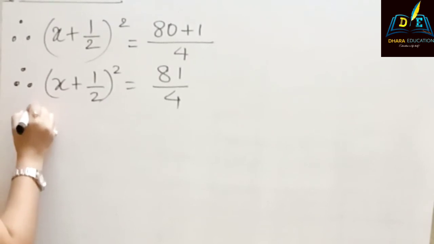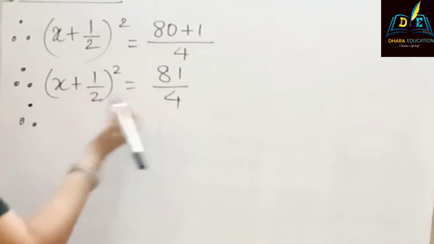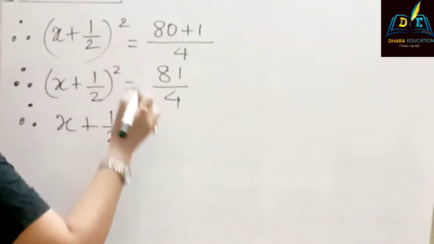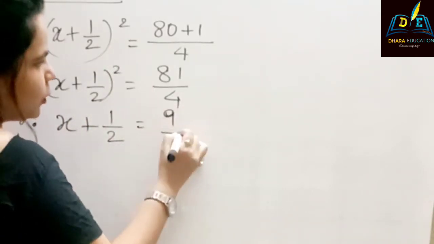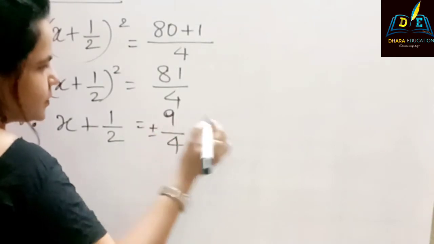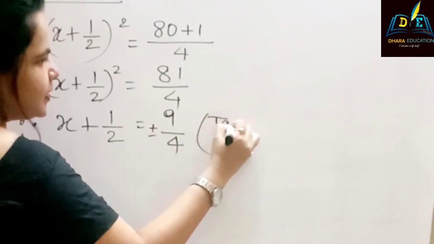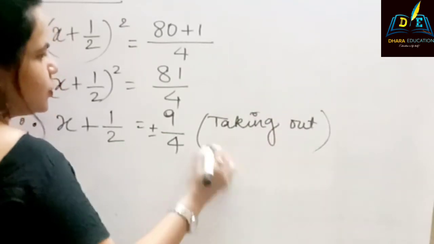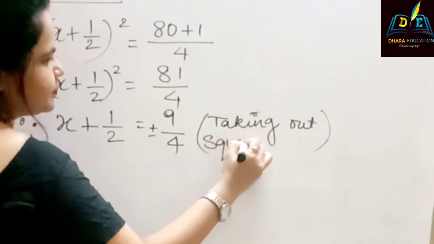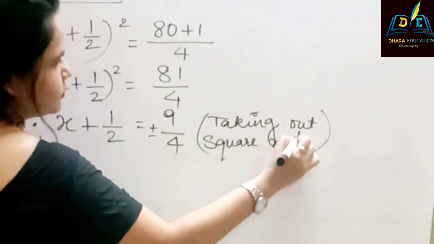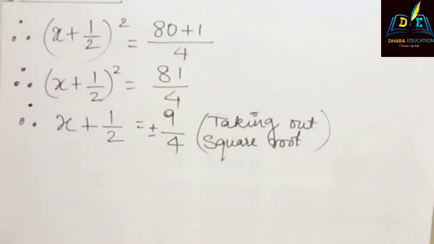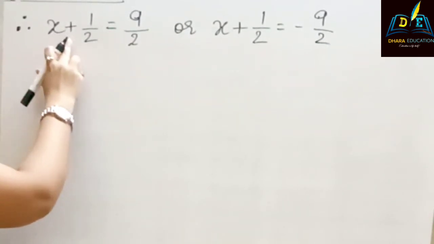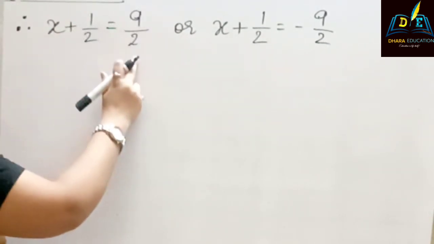Next one is, by taking the square root on both sides, we will get x plus 1 upon 2. This square root is done. 9 upon 4, plus and minus. Here you can write taking out square root. Now our next step will be x plus 1 upon 2 is equal to 9 upon 2.